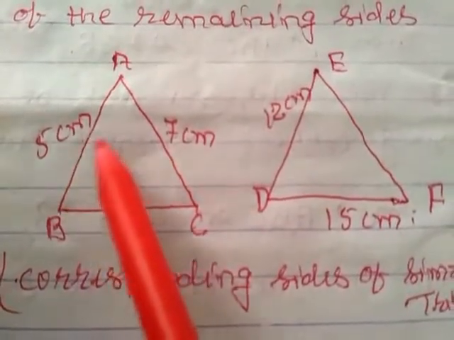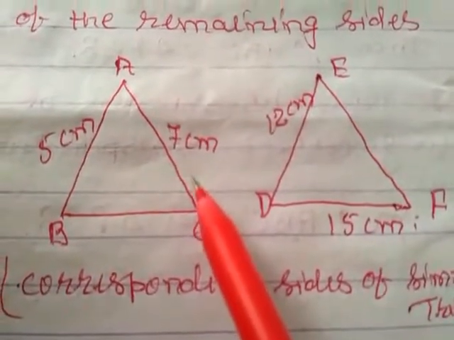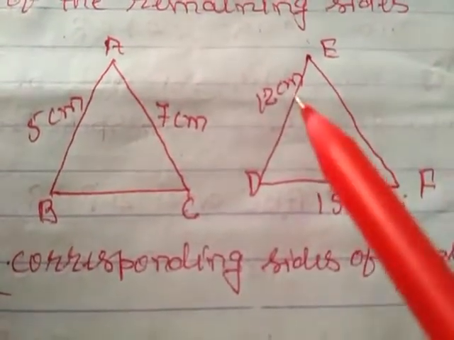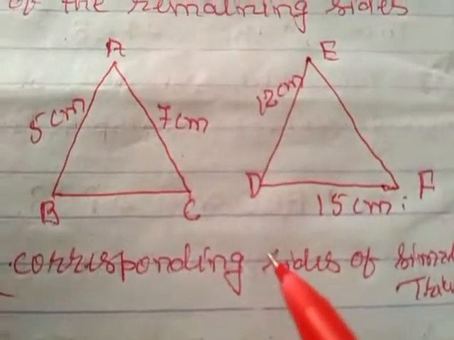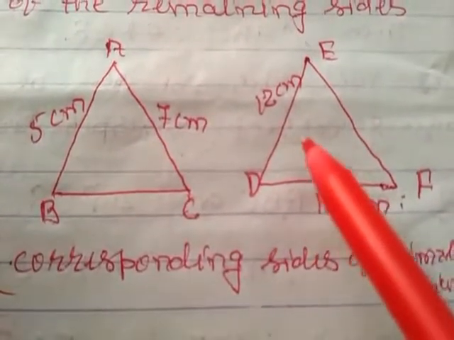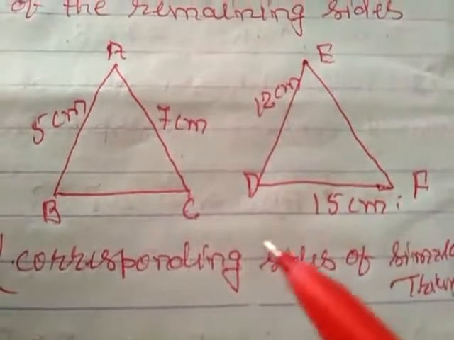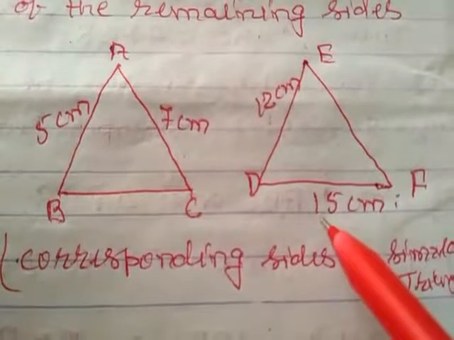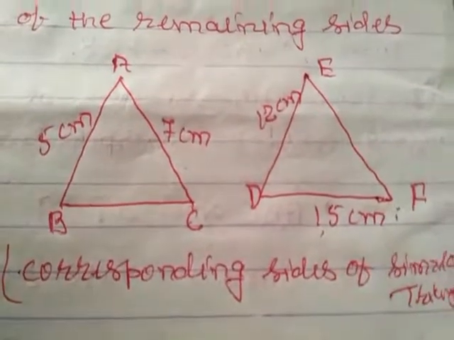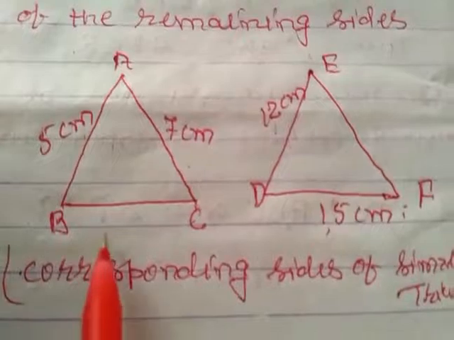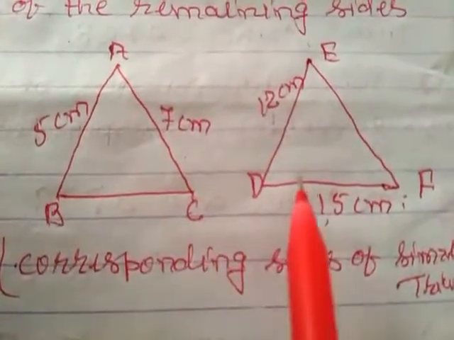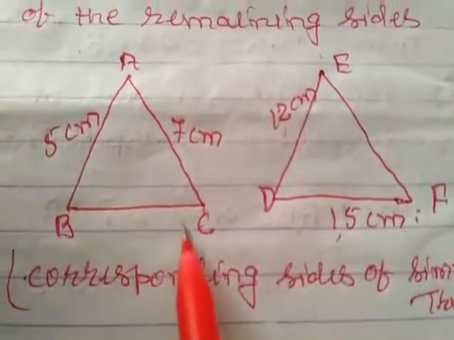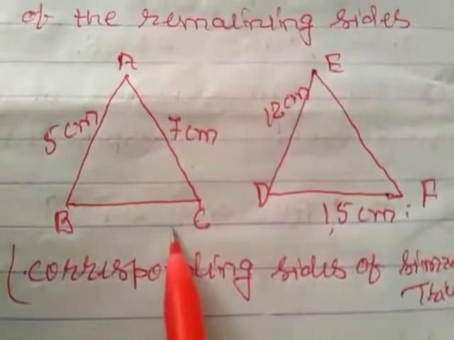Similarly, in triangle EDF also, two sides ED and DF are given, that is 12 centimeter and 15 centimeter respectively. Now we are supposed to find the remaining sides of these two triangles. It means that we have to find side BC from triangle ABC and EF from triangle EDF.